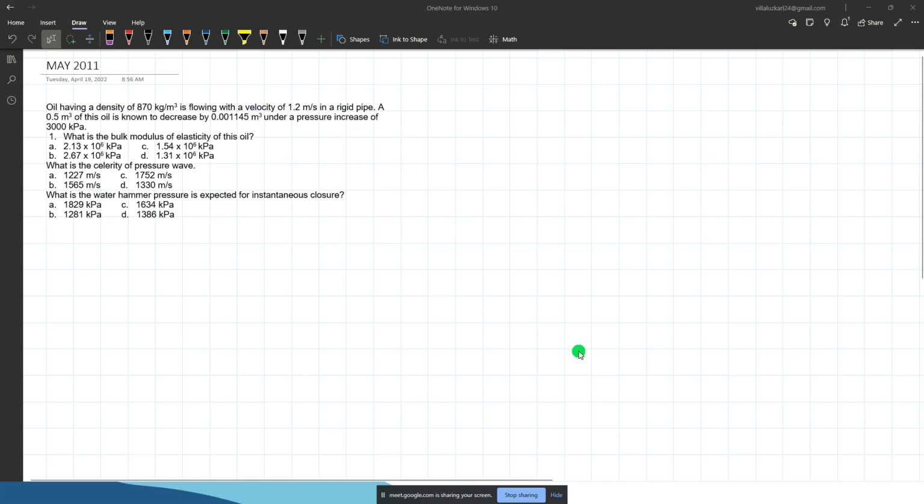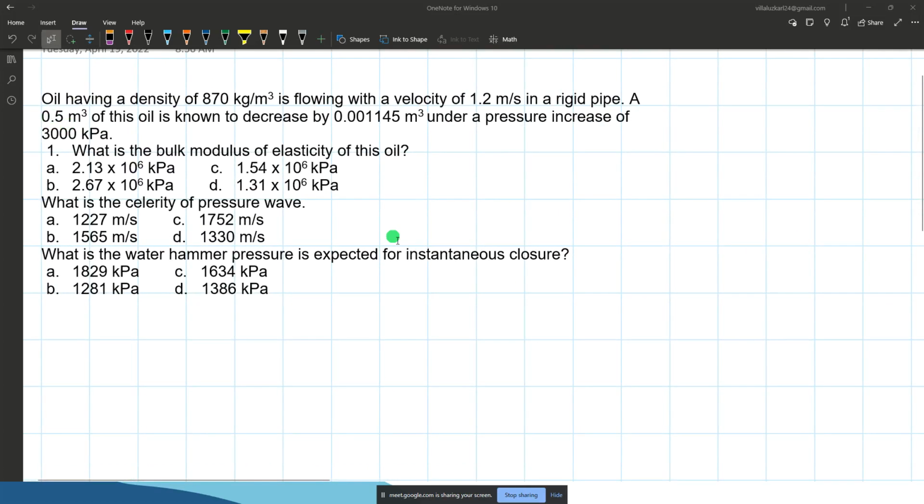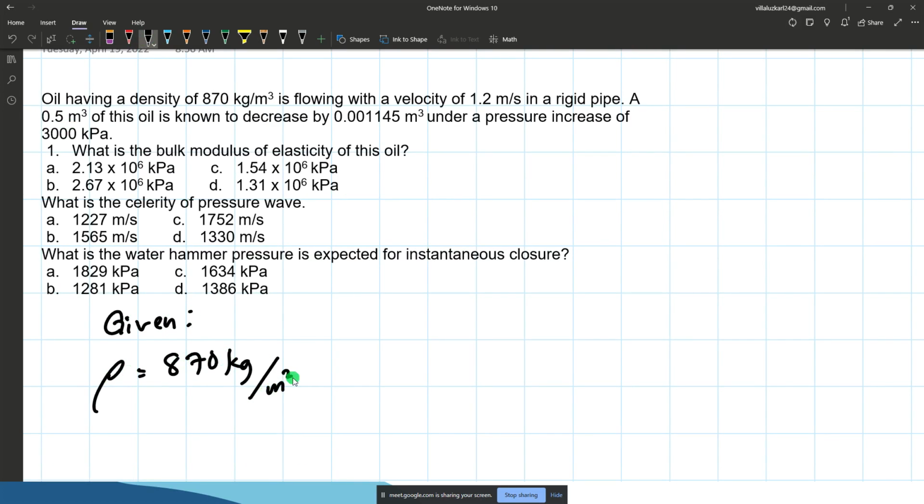Next, number 2 is still May 2011 board examination problem. So we have oil having a density of 870 kilograms per cubic meter. So this is oil. We have given mass density.